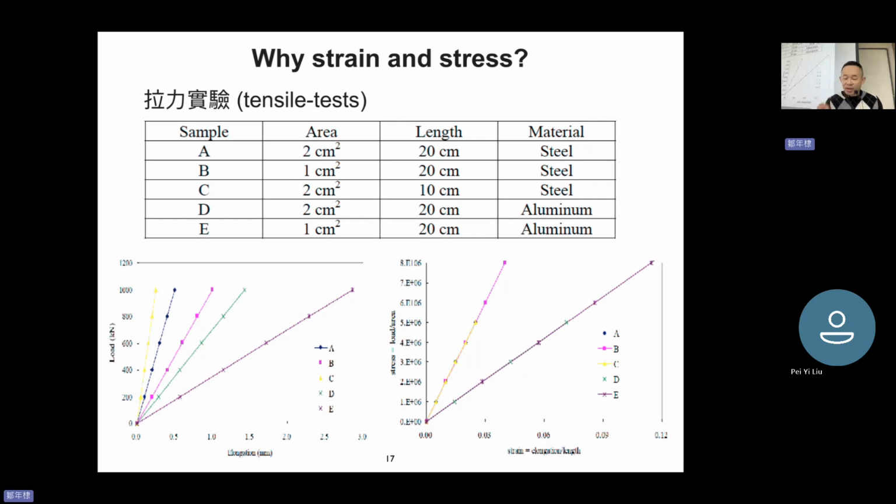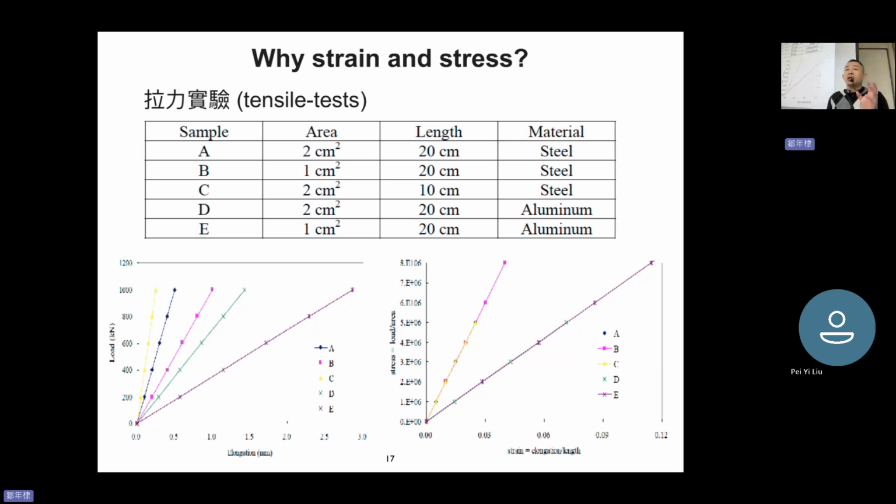So he found that if the load is divided by the cross-section area of the device, and on the x-axis the displacement or elongation is changed into the elongation rate or percentage, which means strain, the five lines become two. The steels all overlapped, and the aluminum was only one line.